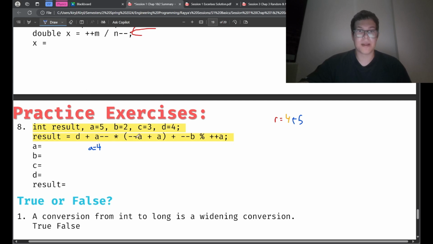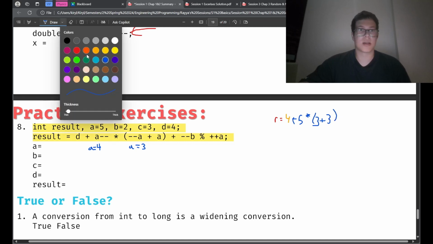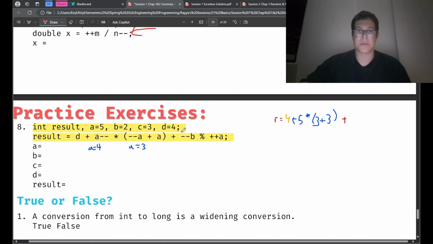Then multiplied by minus a. So that will change it. So here I'm going to do a multiplication. What's minus a? Because it's a prefix, I'm going to change the value before using it. So it's going to become 3. And then here, there's nothing, so it's just going to be 3 again. Plus, I'm going to change again to indicate plus minus b. Again, this is a prefix, so what's minus b? B is equal to 2, so minus b will be equal to 1. So here I will have 1.